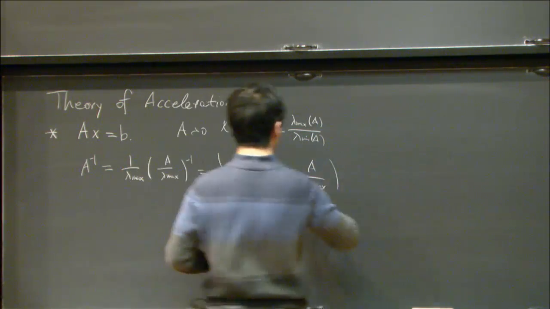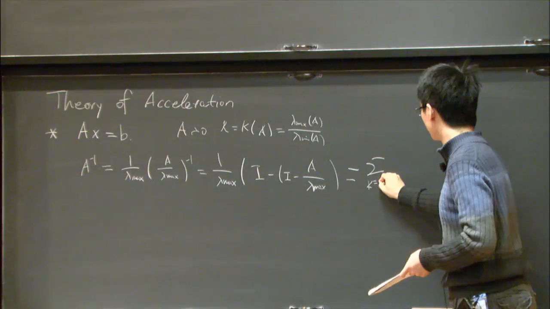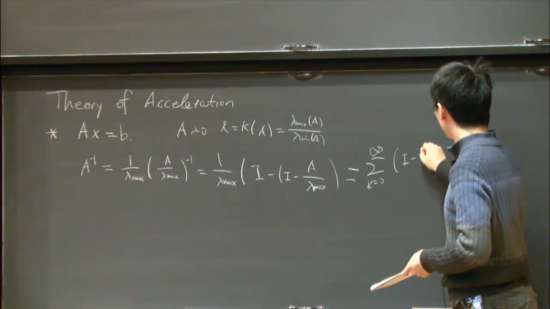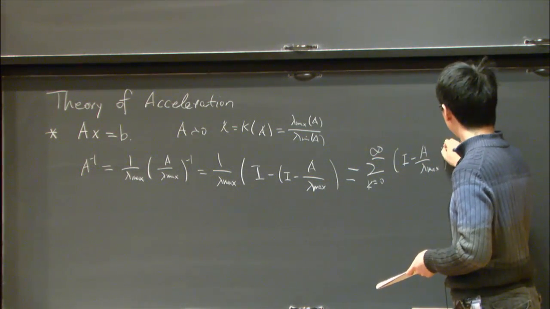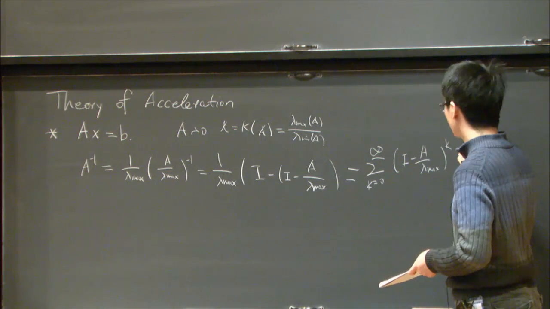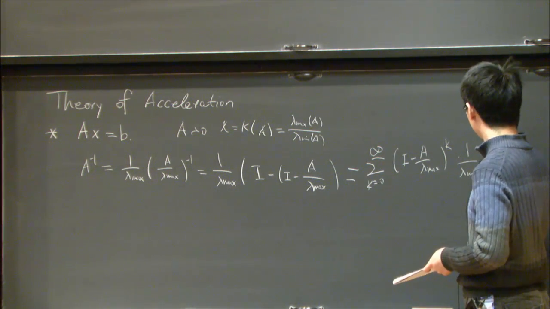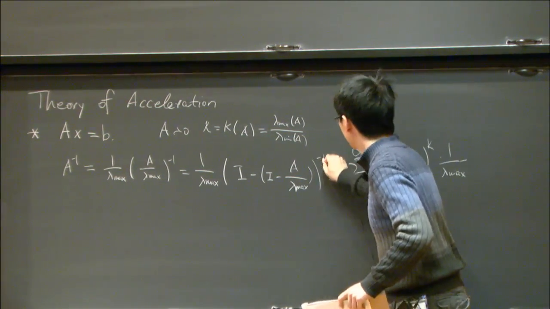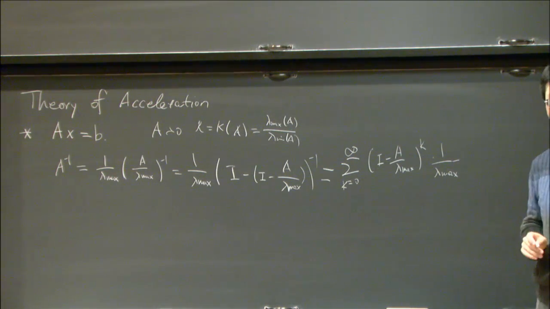And now we see that using expansion, this is nothing but the summation of the following polynomial with respect to matrix A. OK, so this is Taylor expansion.